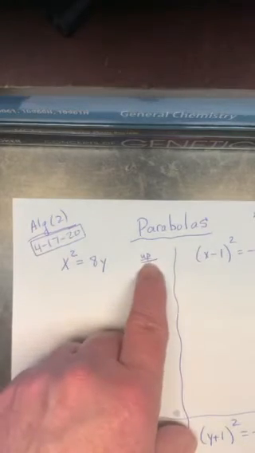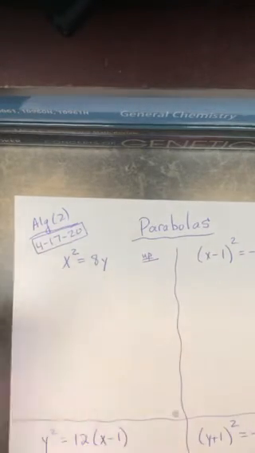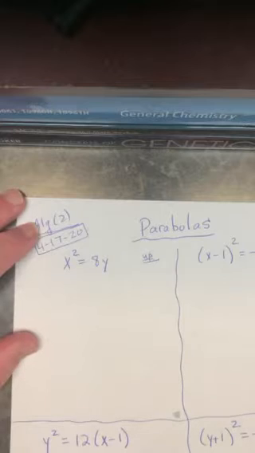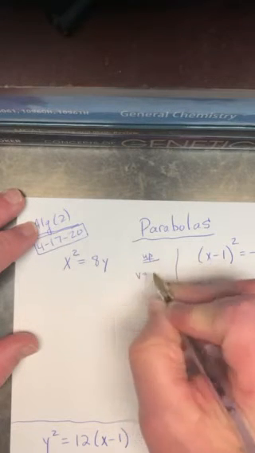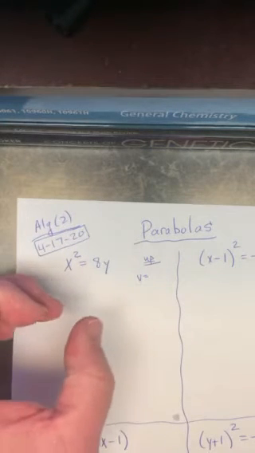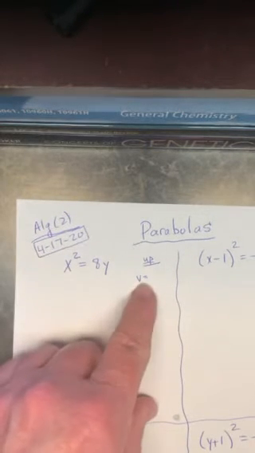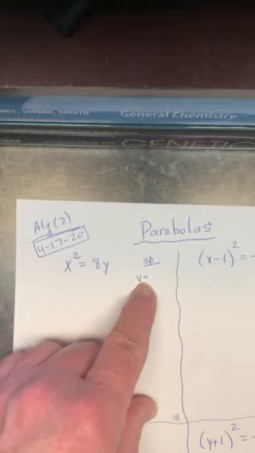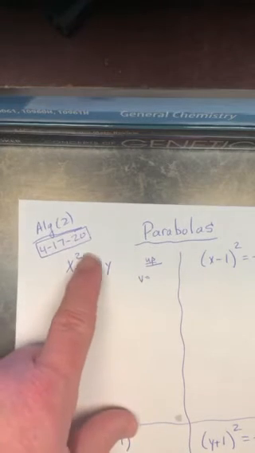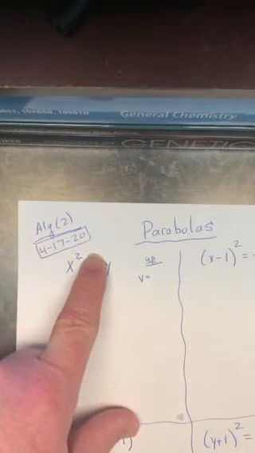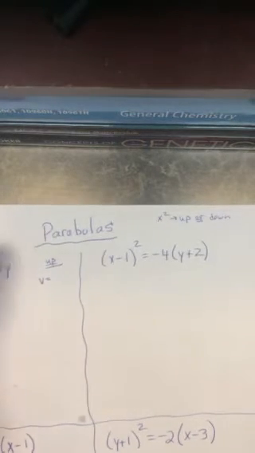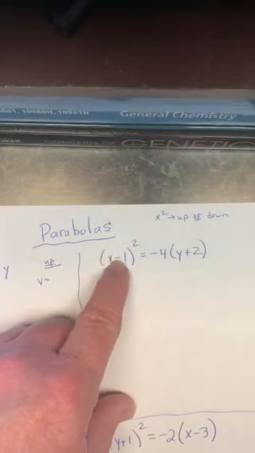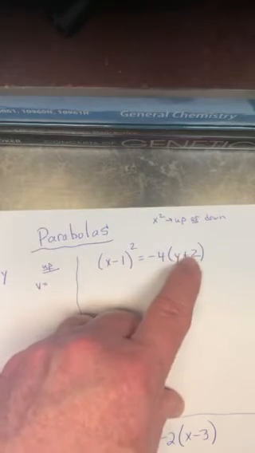This is where I'm making a couple little notes so I can draw my picture accurately. Now, because it's a parabola, I'm not going to call it the center. I'm going to call it the vertex. V for vertex. Now, ignoring that 8, you agree that's just a good old x squared and a good old y, as opposed to number 2 here. It's got x minus 1 and y plus 2.